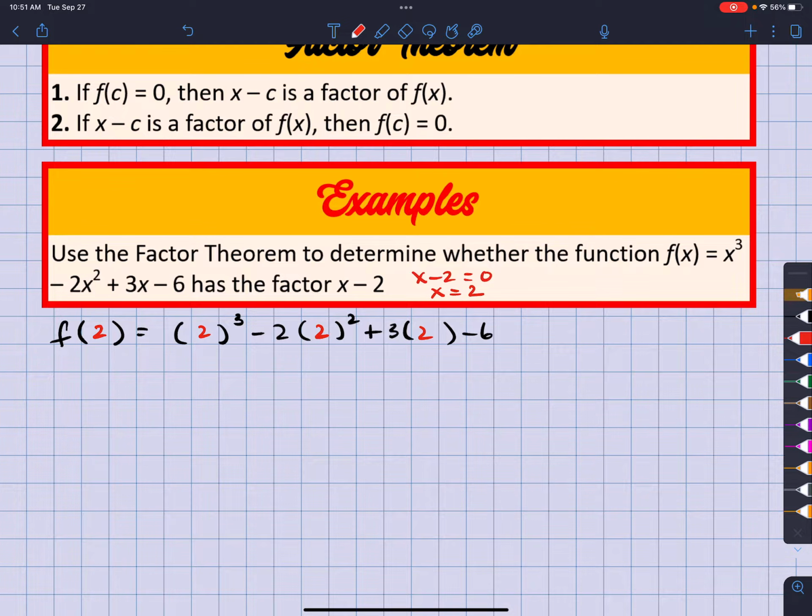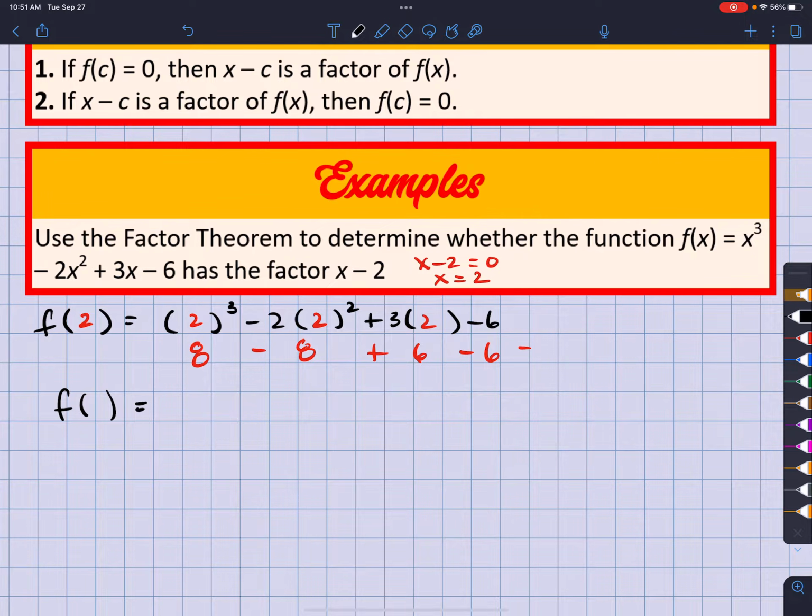Let me see what that equals. This is 8 minus 8 plus 6 minus 6, so that is equal to 0. So f of 2 is equal to 0. What does this mean?